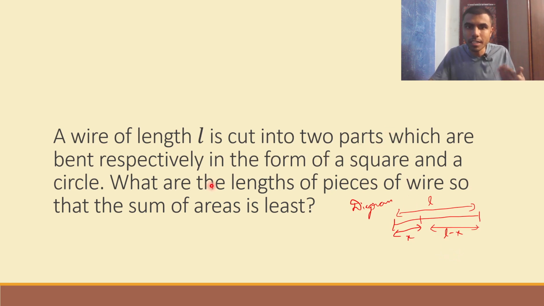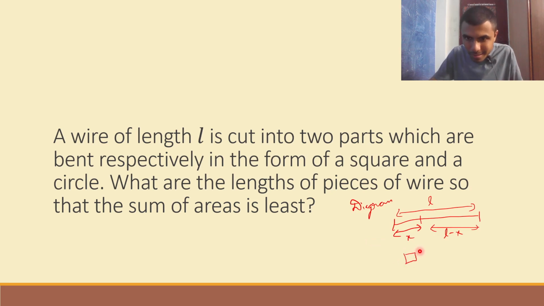Which are bent respectively in the form of a square and a circle. Now let me say the first part is bent in the form of a square. Listen to the logic carefully. With a wire of length x, I made a square.